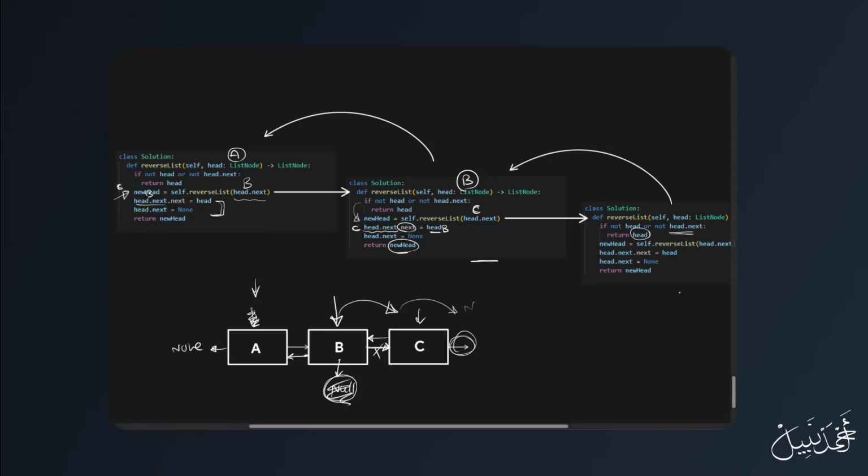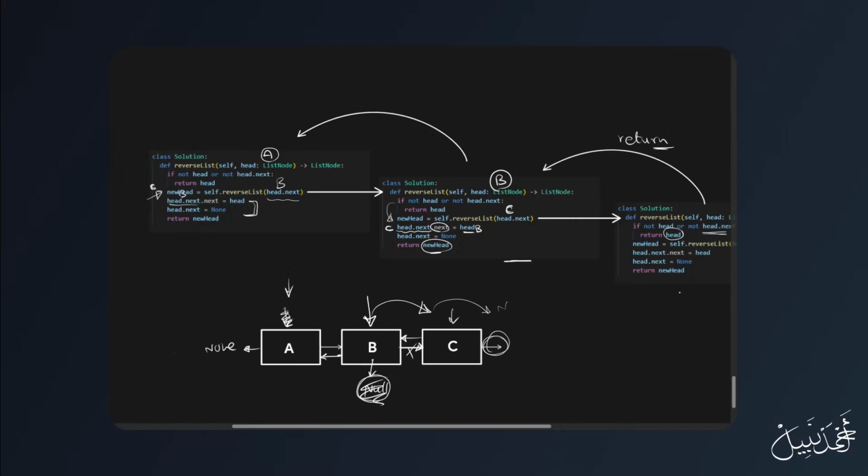And this is how this recursive solution works. At the end, this return statement will return the new head which is going to be C, and we will use C and its next pointer to walk through this linked list.